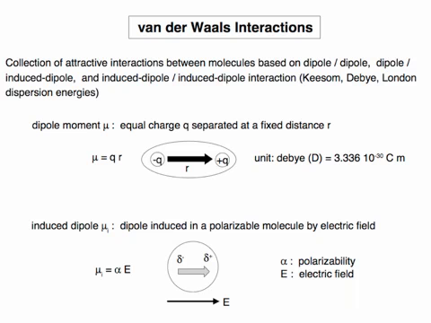Now, an induced dipole moment is effectively a molecule that is nonpolar, or the nonpolar component in a molecule. The only reason you would get an uneven charge distribution is because there's an externally applied electric field.